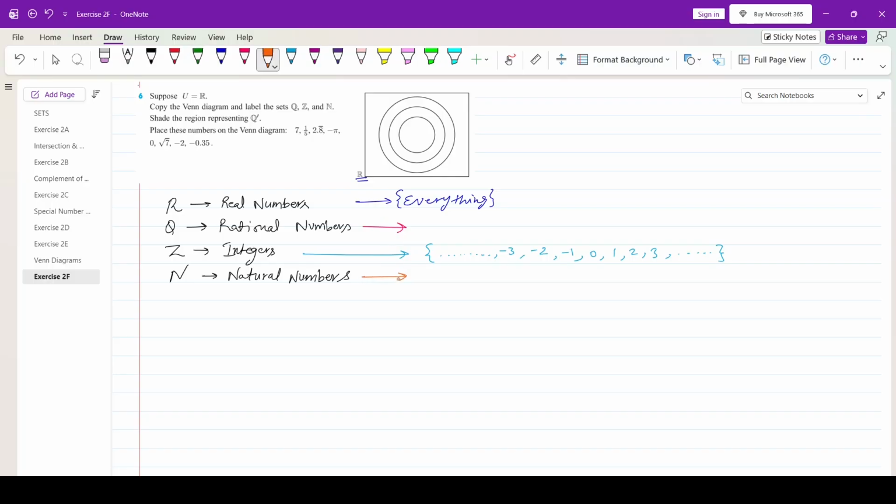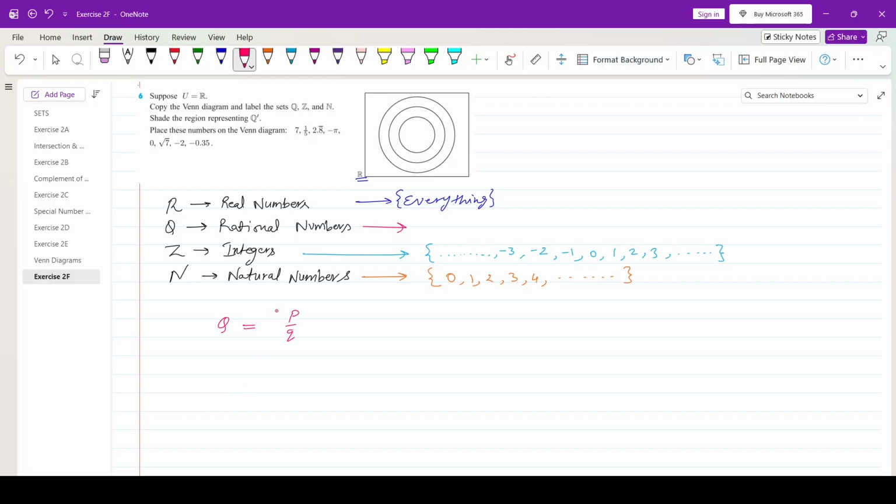And natural numbers is written like 0, 1, 2, 3, 4, and so on till infinity. Now, rational numbers is remaining. So, can we say rational numbers is of the form P divided by Q?